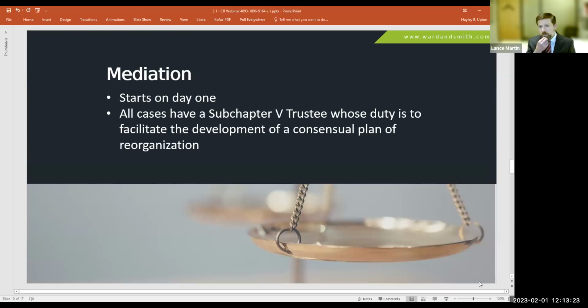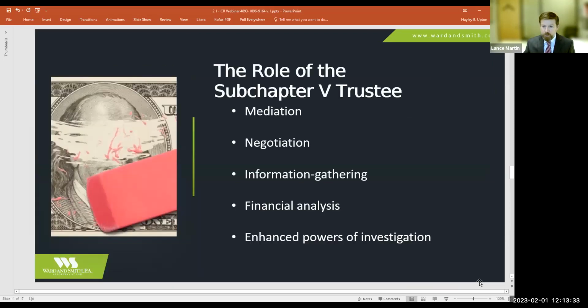Yeah, so one of the interesting aspects of Subchapter V is that it throws this new player into the mix. So in every case, unlike a traditional Chapter 11, you've got this character, the Subchapter V trustee, and he or she is appointed by the bankruptcy administrator on day one of the case.